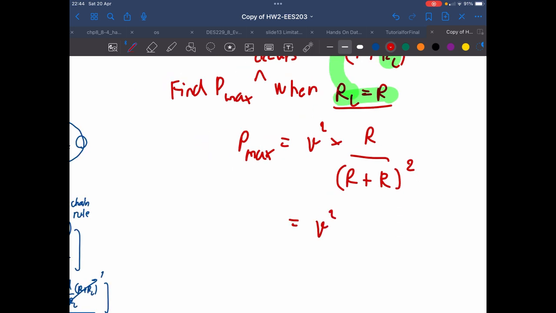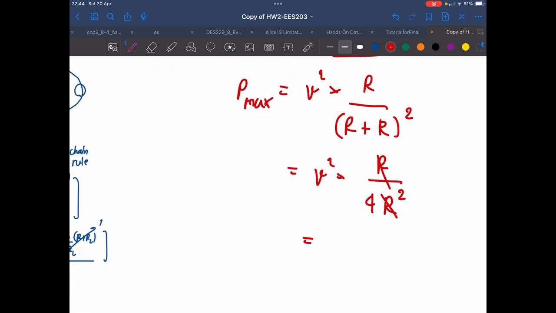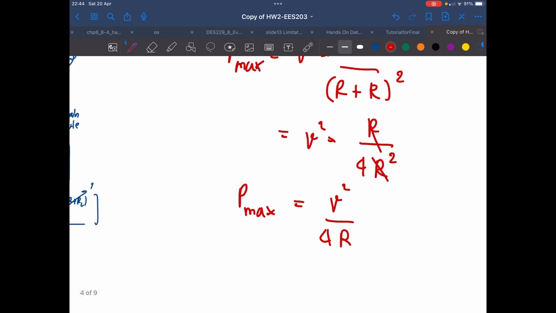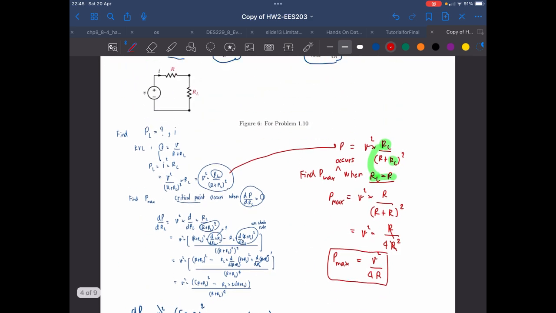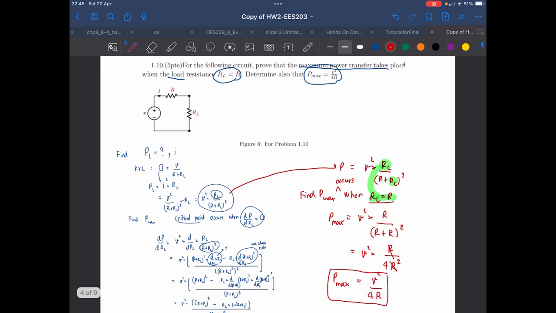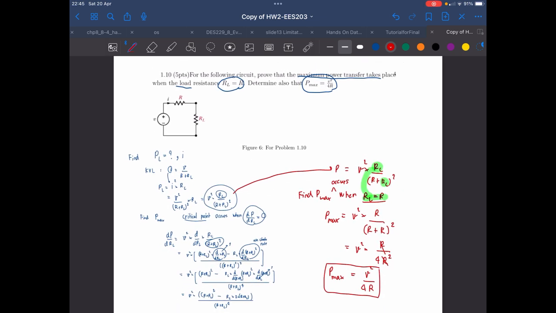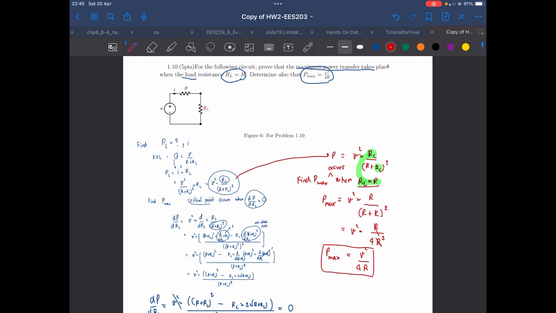Okay, 2R squared, we get 4R squared. Cut this part, then we'll get the final solution, in which the maximum power equals V squared divided by 4, corresponding to the formula of the question. And this is the proof of this question 1.10.